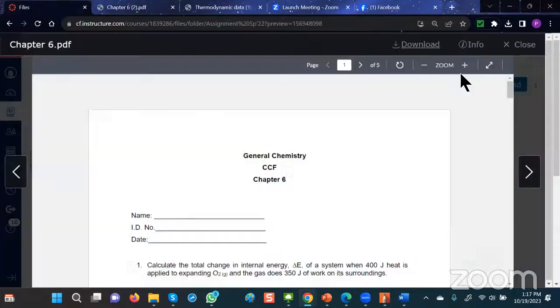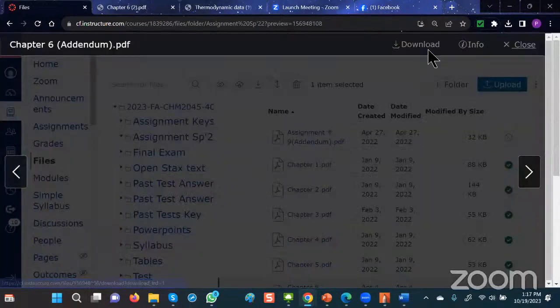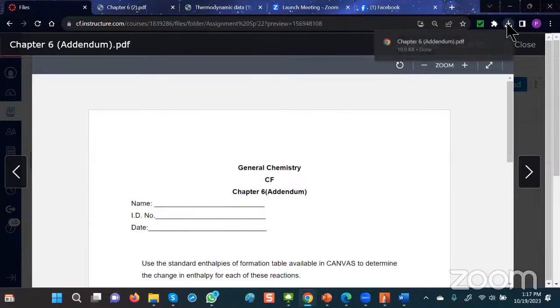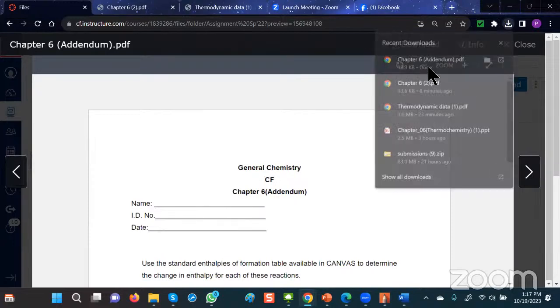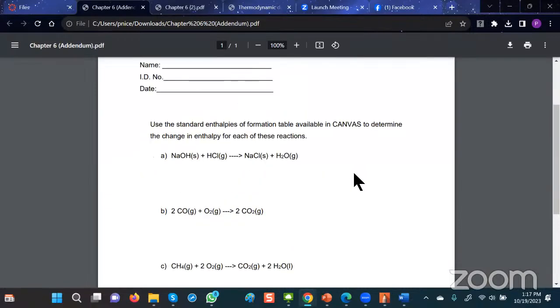11, and as far as the other part that I've added, the addendum for the same chapter, all these you're going to need the table that I talked about, because they're asking for you to calculate the enthalpy under standard conditions.